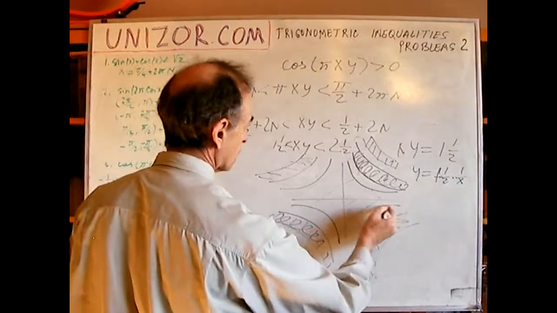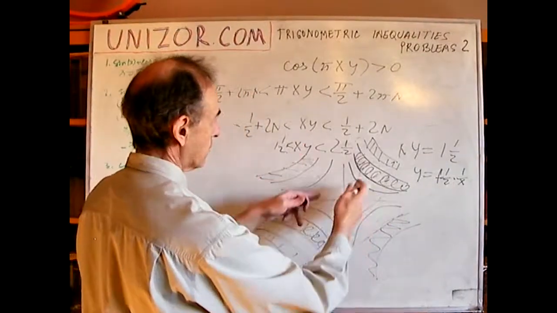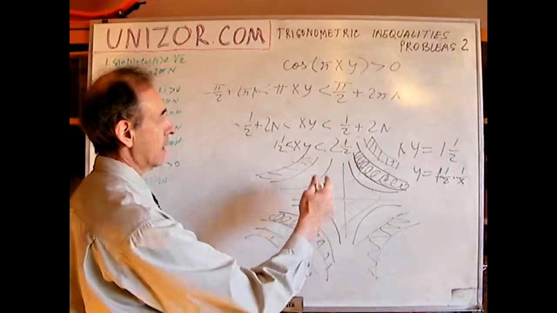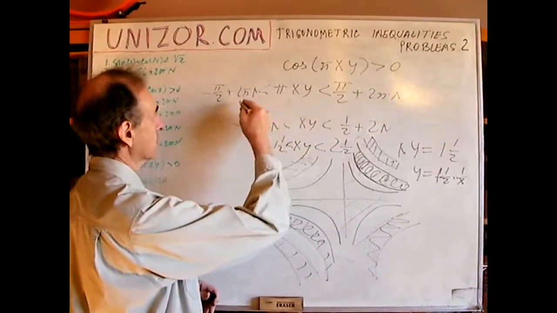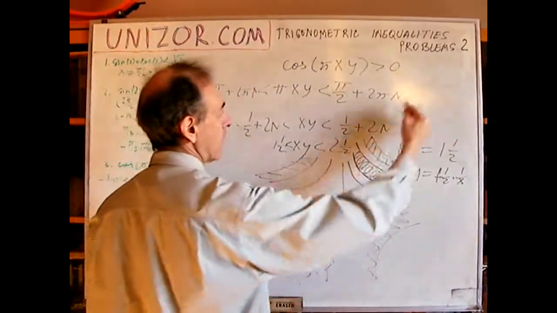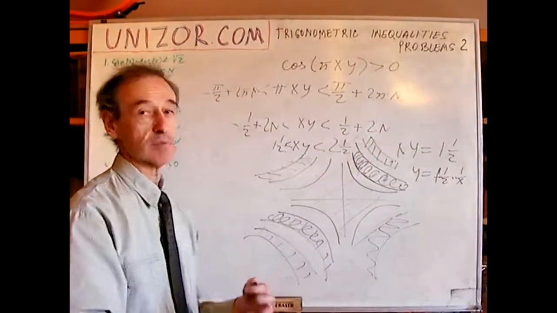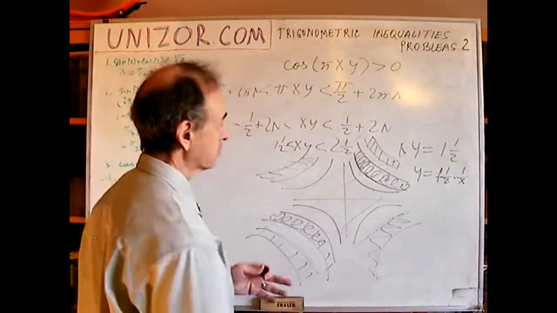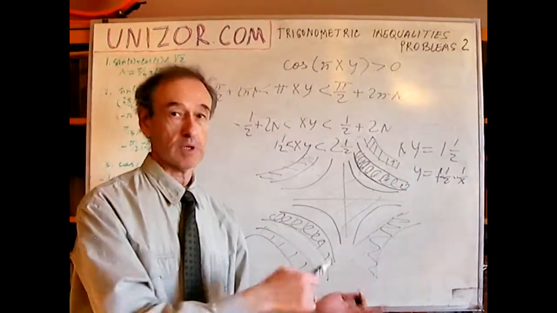So in addition to this diamond kind of area, which is the result of n equal to 0, I will have additional stripes. These stripes would be added as n is equal to 1, 2, 3, 4, etc. positive, and these stripes would be added as n is equal to -1, -2, -3.